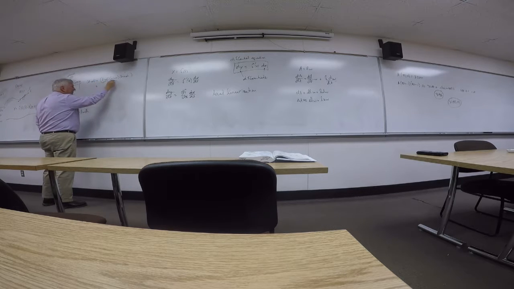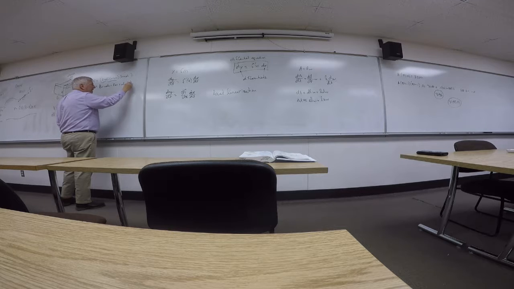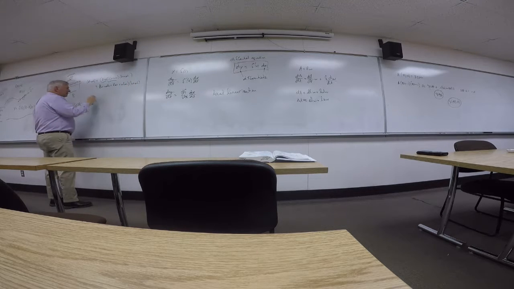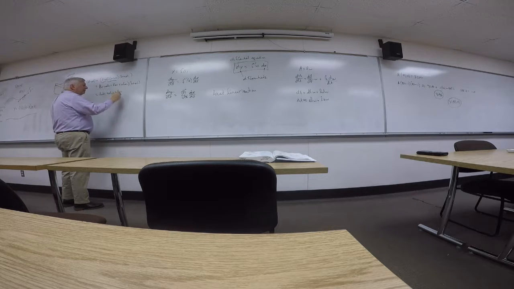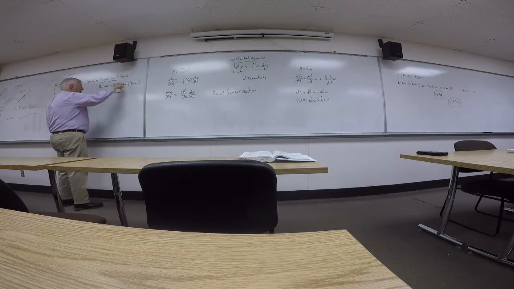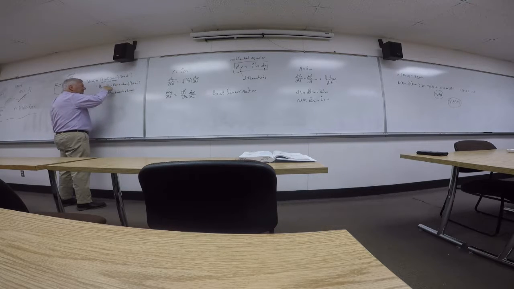Well, these two give me LW plus delta L W plus L delta W plus delta L delta W, times H plus delta H, which gives me LWH, what we already had, plus delta L W H plus L delta W H. Now this times this is plus LW delta H, and now some other terms.